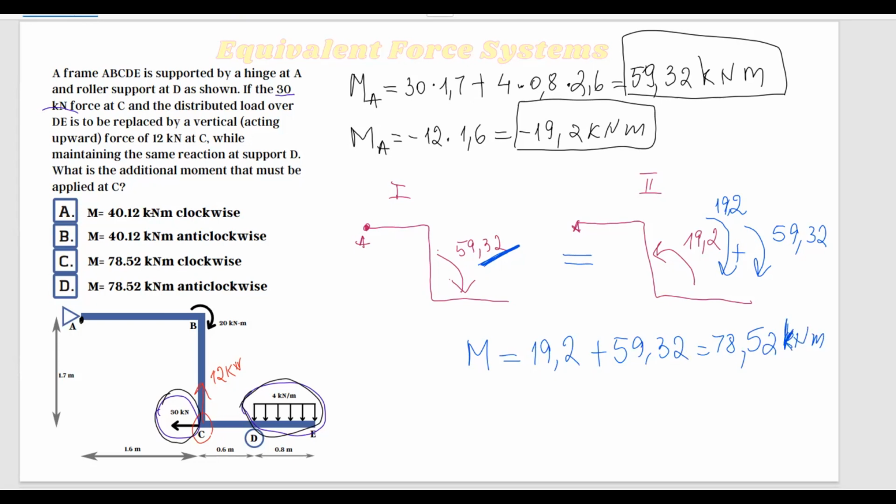And this is clockwise. And that's it. So the correct answer is going to be C, 78.52 moment clockwise. Great, let's move on.